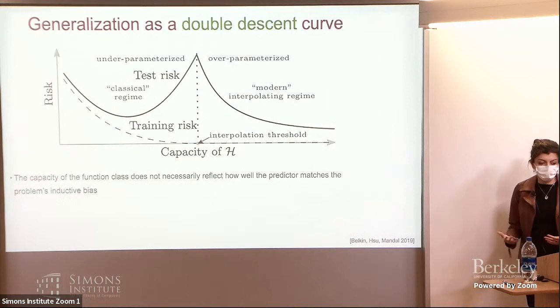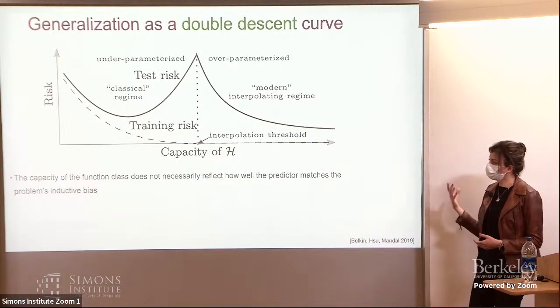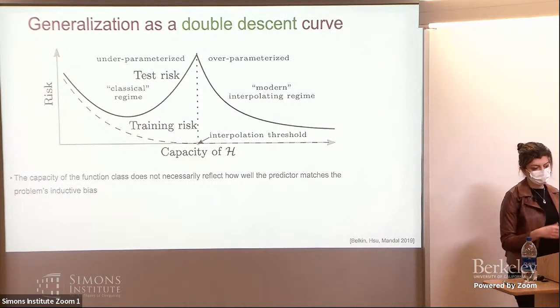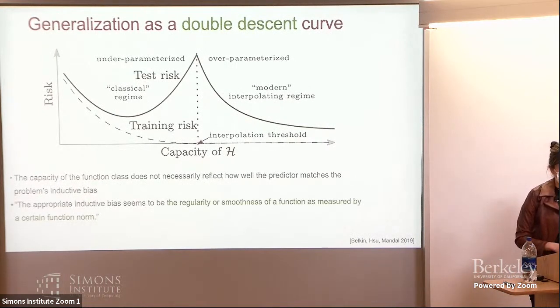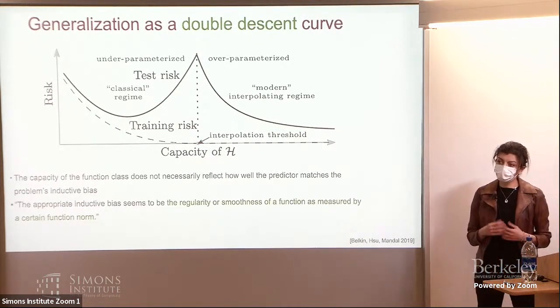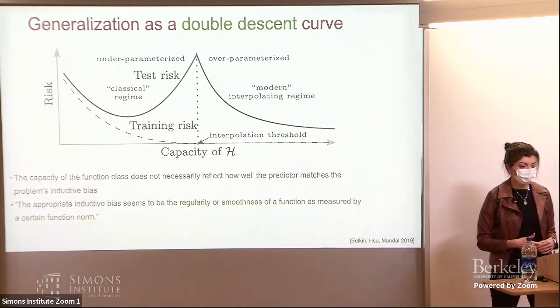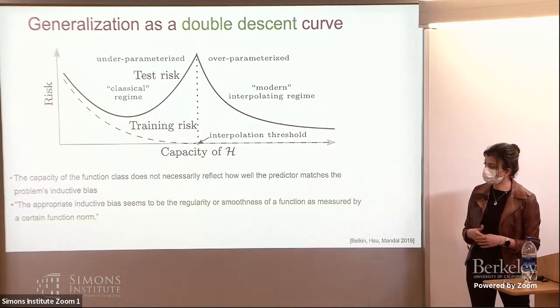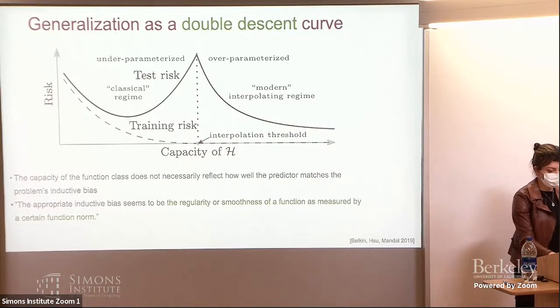So in a nutshell, it seems that the capacity of the function class does not reflect the generalization property. We should look into something else. And it seems that in this overparameterized regime, the regularity or smoothness of the functions, somehow measured by some form of function norm, is what determines the generalization properties.